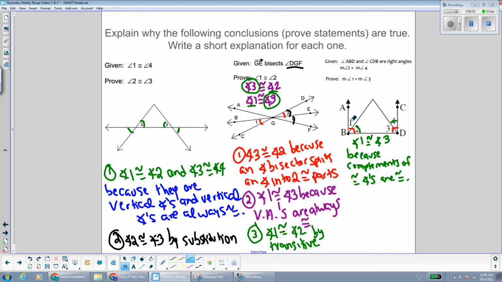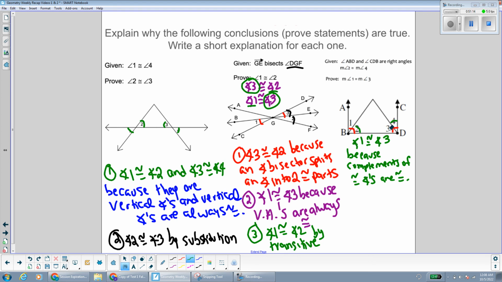Angle 1 is complementary to angle 2. They make a 90-degree angle. And angle 3 is complementary to angle 4. They make a 90-degree angle. Angle 2 and angle 4 are equal or congruent to each other. So that means angle 1 and angle 3 have to be the same measurement to make 90 degrees with the other angle.